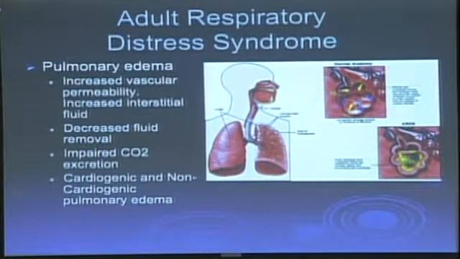And you have decreased ability because of the size of the interstitial space. Oxygen has to go into that and then be transported across, and it takes increased time, decreased oxygen transport. So you end up with hypoxia and increased CO2.